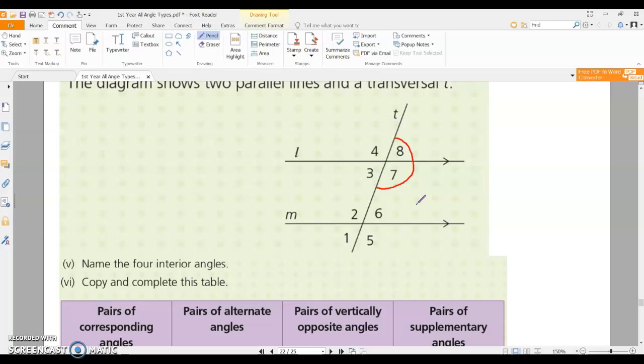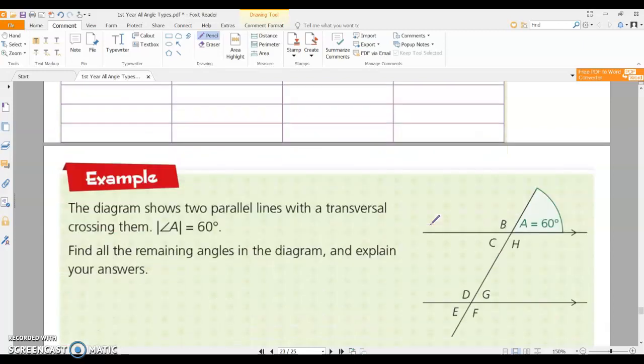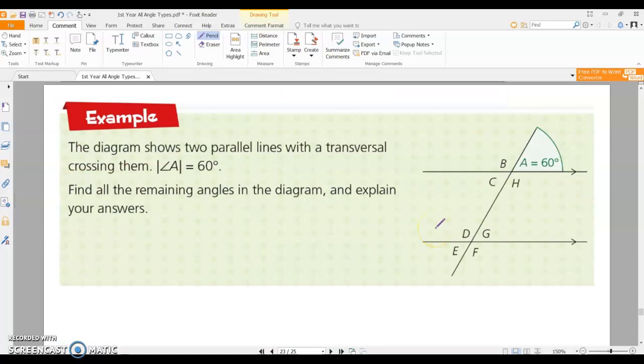I'm also going to give you some questions to do on page 268. So just to look at an example which is a little bit like those. The diagram there shows 2 parallel lines with a transversal crossing them, and it just gives me one angle. Okay, so it gives me A, it kind of starts the ball rolling, and then it wants me to figure out the other angles.